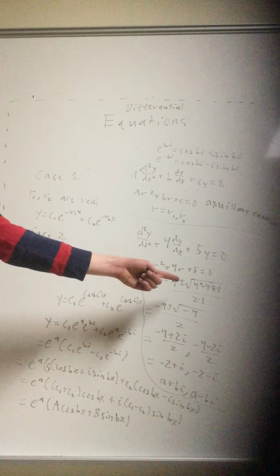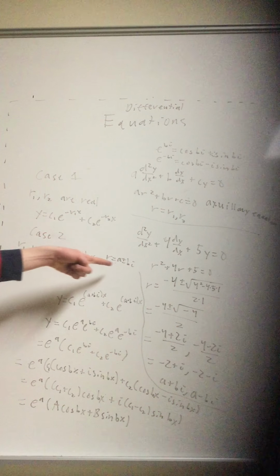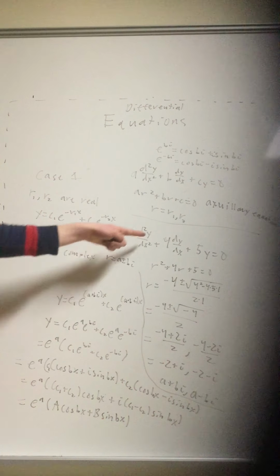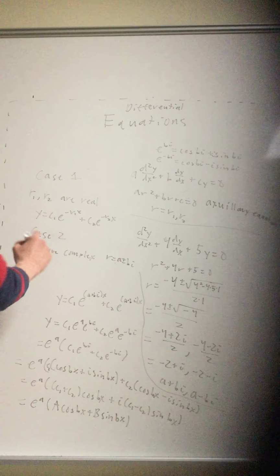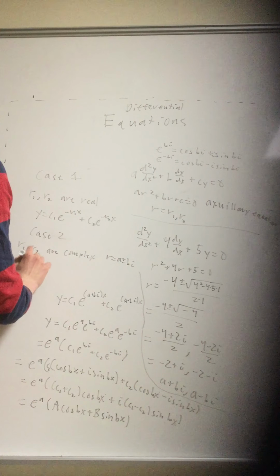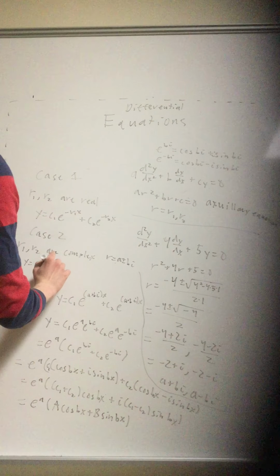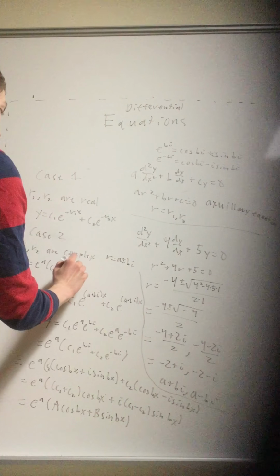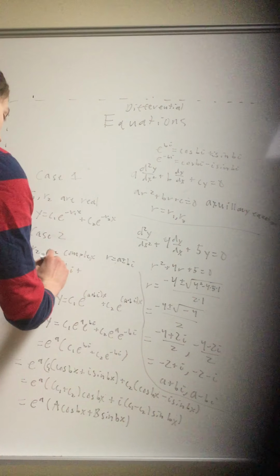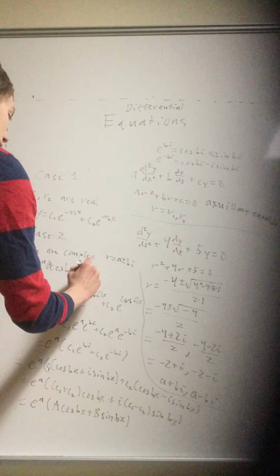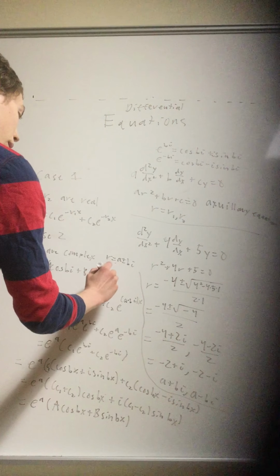You can see for yourself from the quadratic formula that r1 and r2 are always going to have this form as long as these coefficients are real. Then the solution will be y equals e to the a x times A cosine bx plus B sine bx.